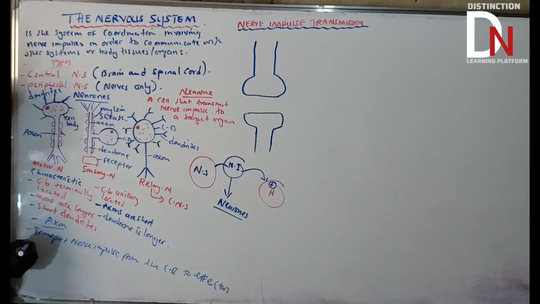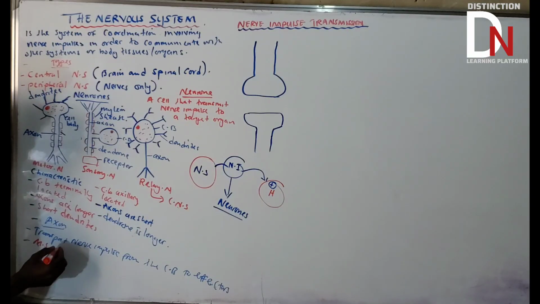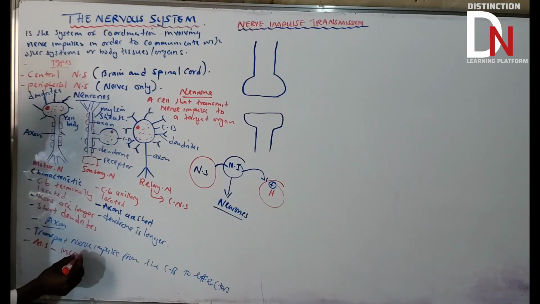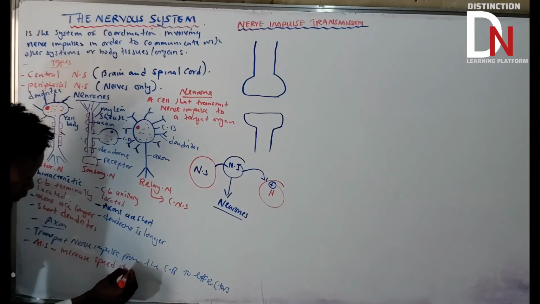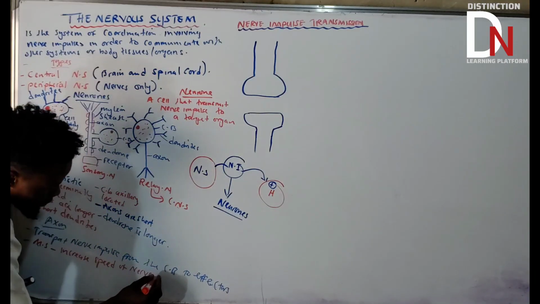What about the myelin sheath? Myelin sheath, I'll just say MS. The function of the myelin sheath is to increase the speed of nerve impulse.